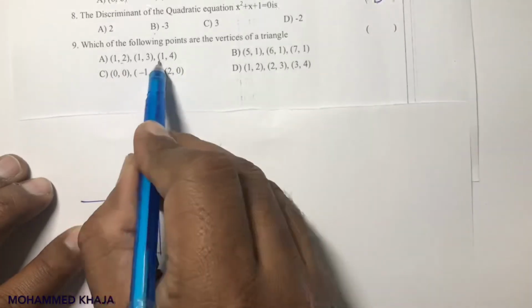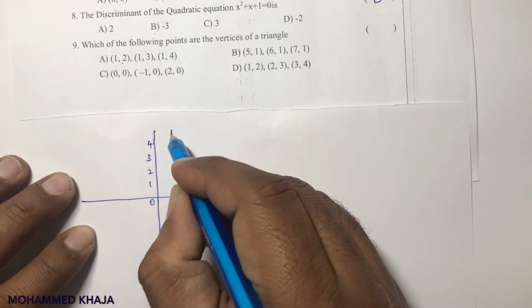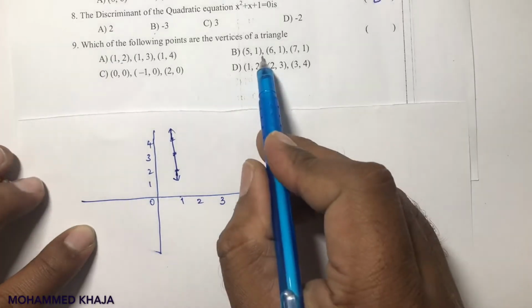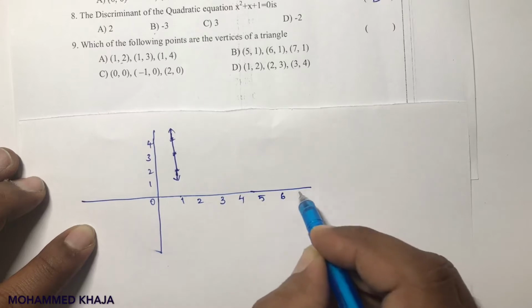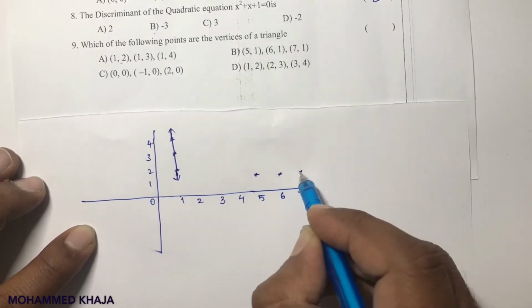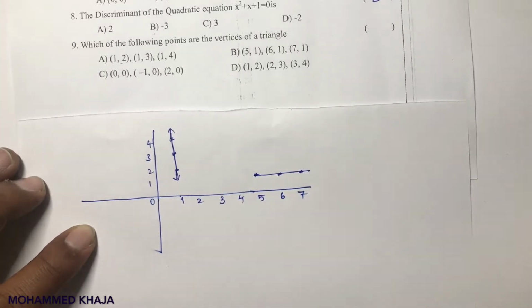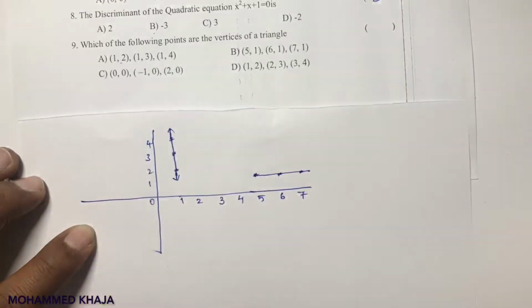If the x value is the same, then it will form a straight line parallel to the y-axis. Now here, 5 comma 1, 6 comma 1, 7 comma 1. This also will form a straight line. So there is no chance of getting a triangle in option A and option B.